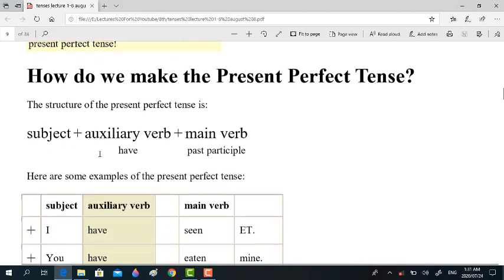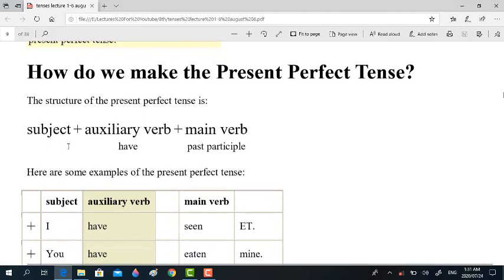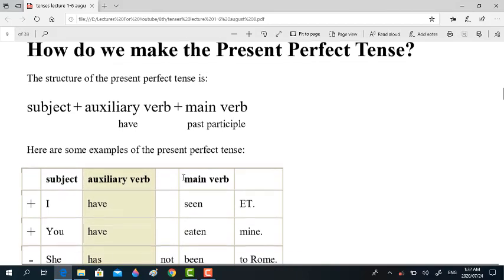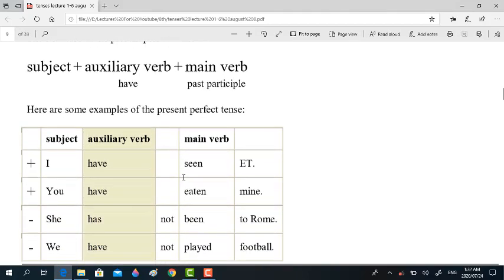How do we make the present perfect tense? Okay, look at the structure. Subject plus auxiliary verb, has or have, then main verb. Okay, when to go for have and when to go for has, easy.